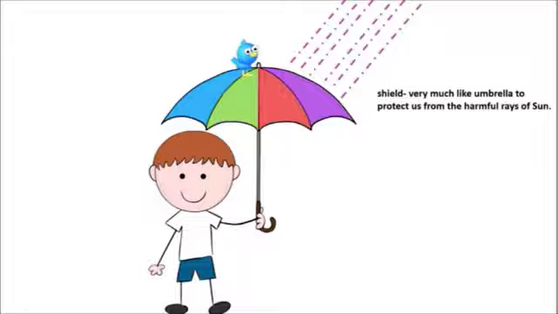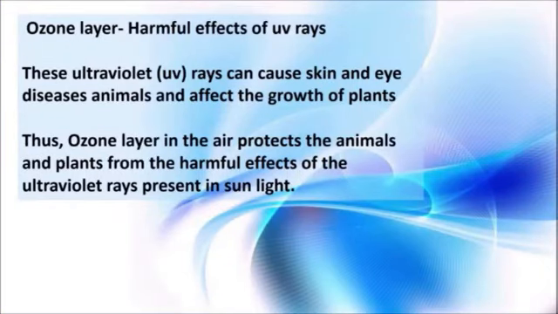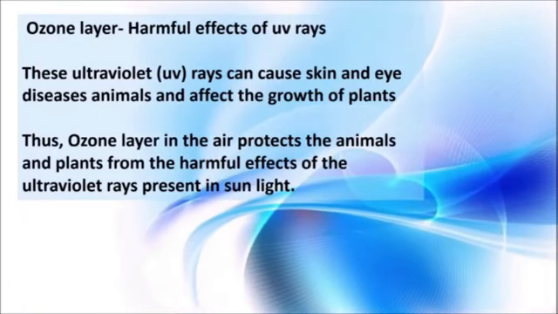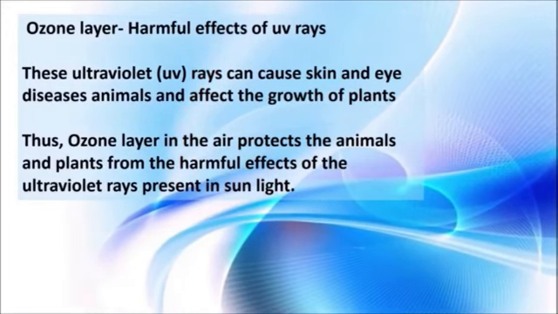Ozone gas, present in the upper layers of the atmosphere, prevents harmful ultraviolet rays of sunlight from reaching the surface of the earth. These ultraviolet rays can cause skin and eye diseases in animals and affect the growth of plants. Thus, ozone layer in the air protects the animals and plants from the harmful effects of the ultraviolet rays present in sunlight.